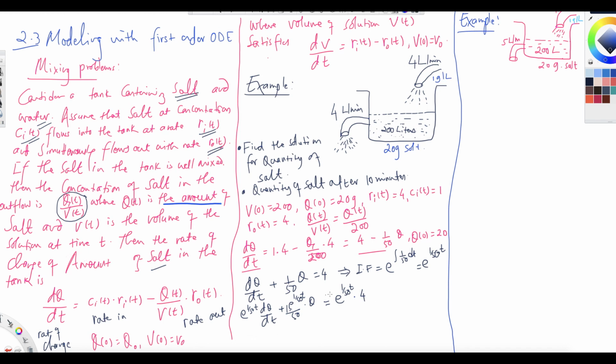The left hand side becomes d/dt of the integrating factor times Q, that is Q times e to the 1/50 t. On the right side, it is 4 times e to the 1/50 t. Let me copy the same thing, and I'll integrate now.